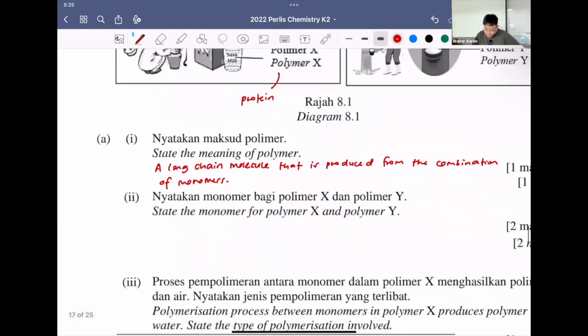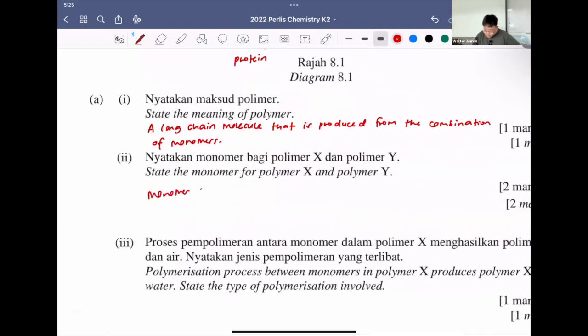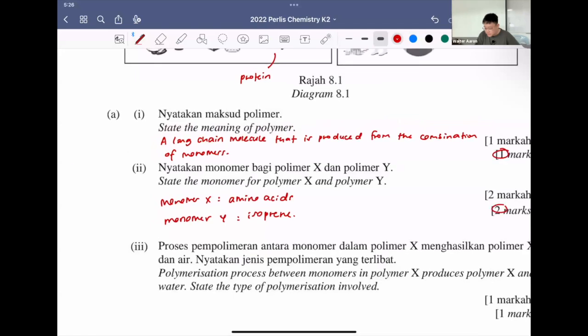So you can put here monomer X is equal to amino acids, and then monomer Y is called isoprene for rubber. So you get 2 marks for explaining the monomers of each substance.